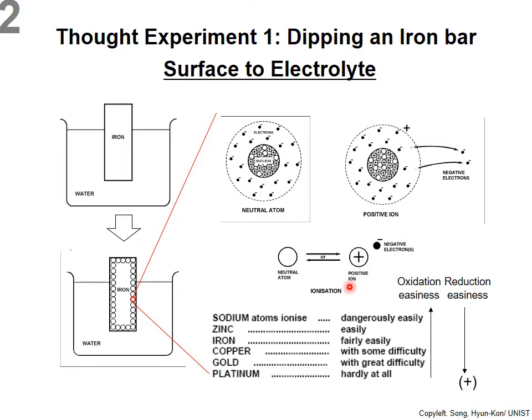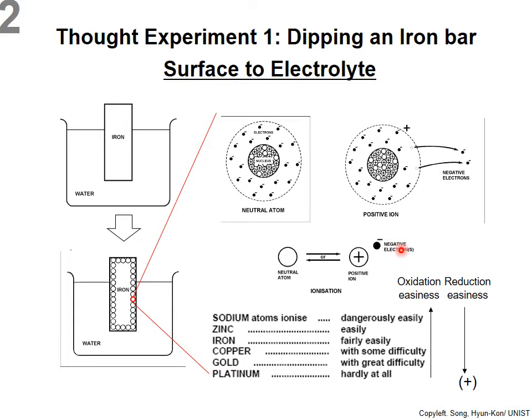This process from neutral atom into positive ion is called ionization. Specifically, in these positive ion cases, this process can also be said to be oxidation, because the oxidation number increases from 0 to some positive value. Again, here is the ionization process, which splits a neutral atom into a positive ion and electrons.